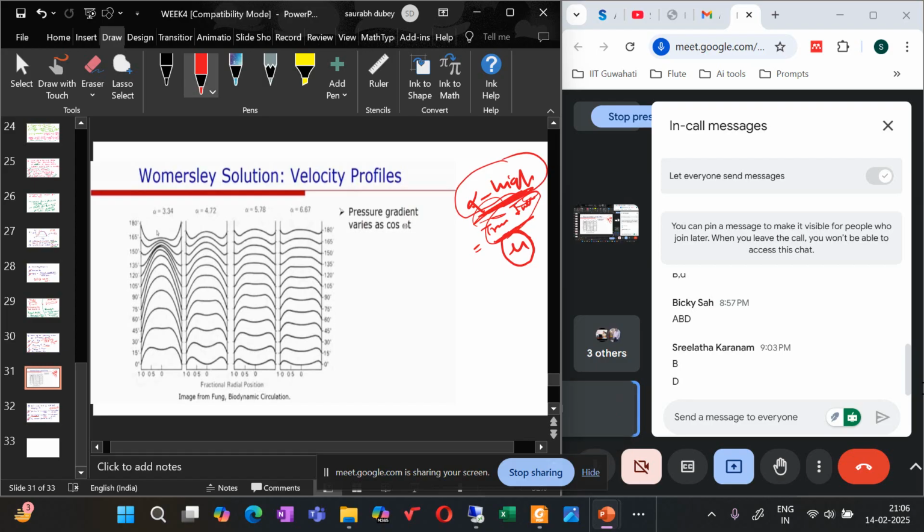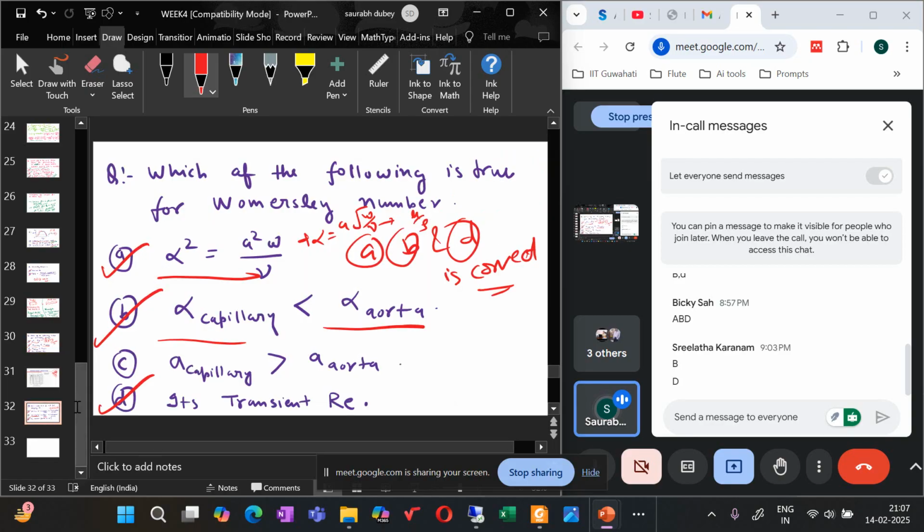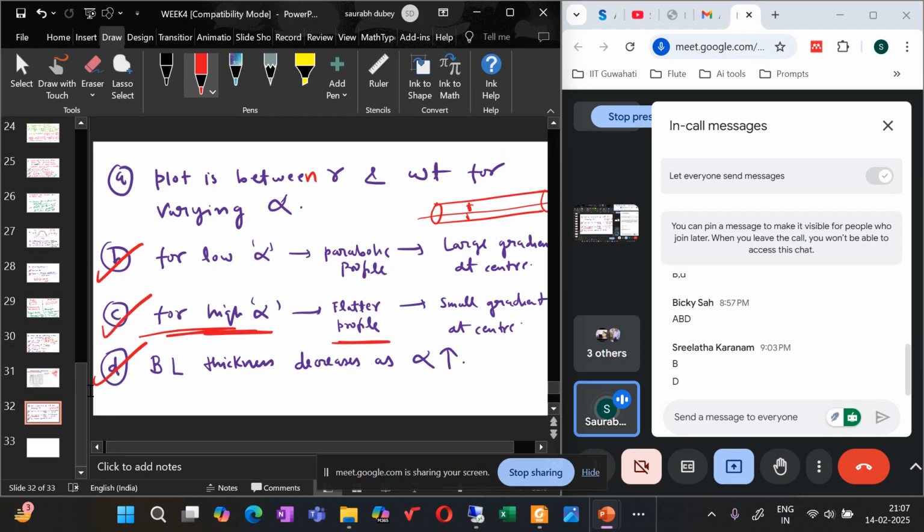In that case, if you see this here, this alpha, which I am saying, is flatter than the one where the alpha value was less. This profile is more flat for the higher alpha and less flat for the lower alpha. So this was the C option that we were looking at. So option C is also correct.